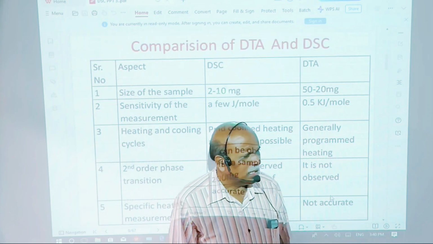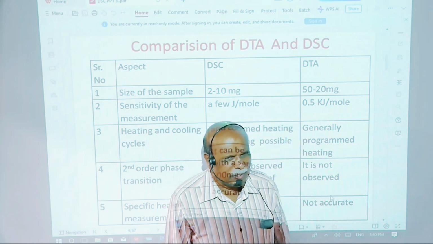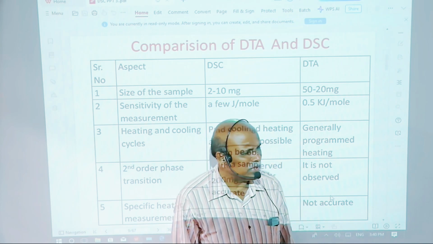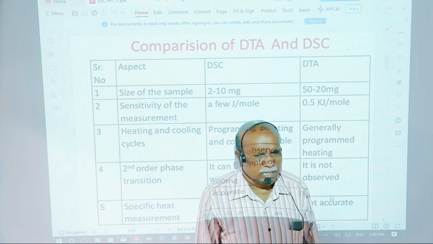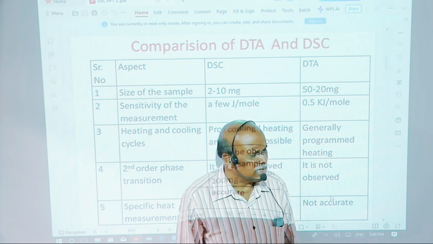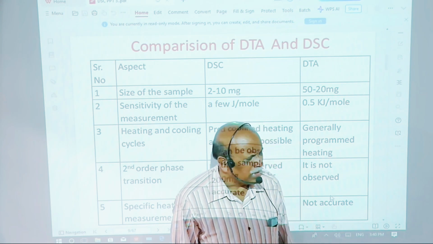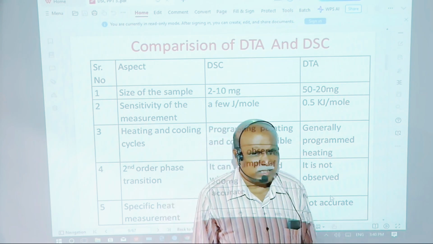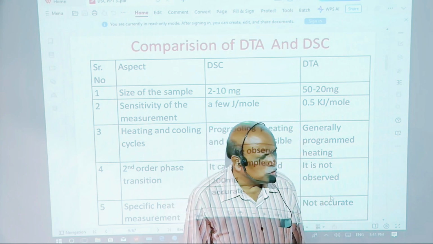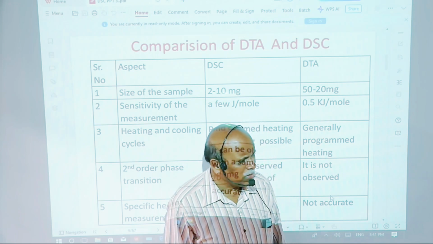Then, comparison of DTA and DSC. These two instruments can be compared depending on various aspects. Number one, the sample size: in DTA, the sample required is 50 to 100 milligrams, while in DSC the sample required is 2 to 10 milligrams. Second, the sensitivity of the measurement of Q is in joules per mole in DSC, while in DTA up to 0.5 kilojoule per mole is measured.